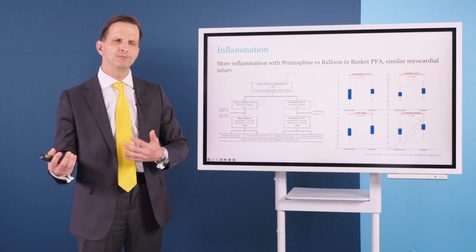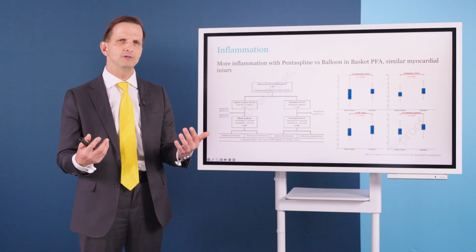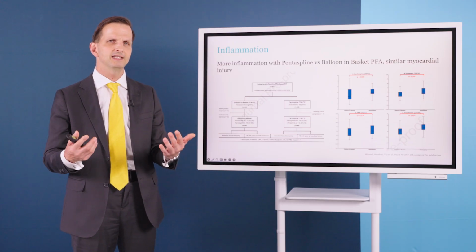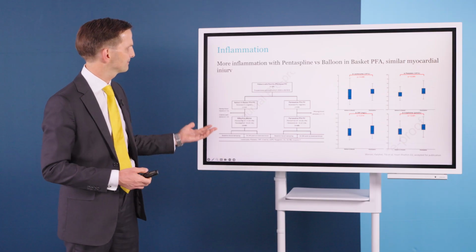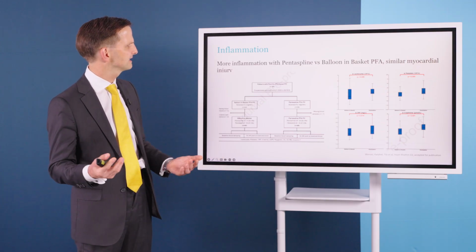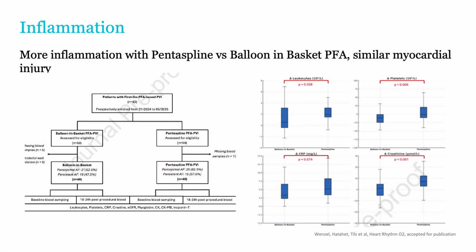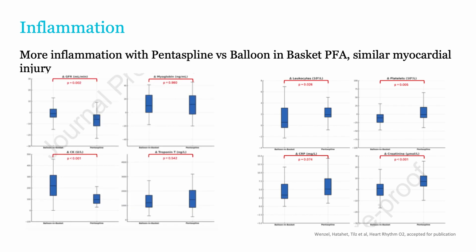However, there appears to be a significant difference in inflammation between different catheter designs. We compared a pentaspline catheter with a balloon in basket design, and what we found is that with the pentaspline catheter we had significantly more inflammation, despite the fact that the myocardial damage, the myoglobin and the troponin, was similar.